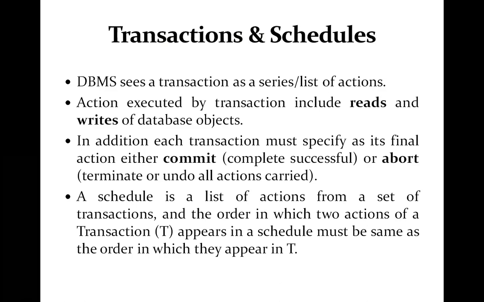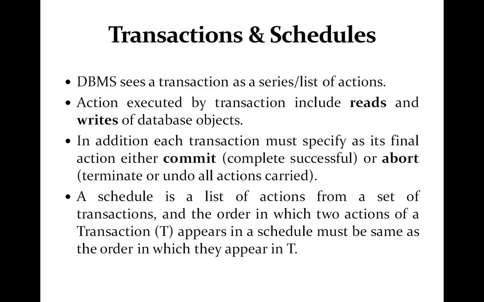Now, besides reading and writing, every transaction must also specify its final action, that is the commit action, the successful completion, or the abort, which means terminating and undoing all the actions.